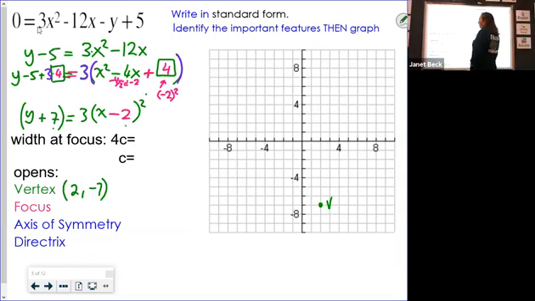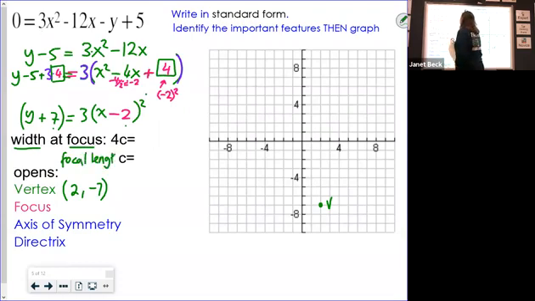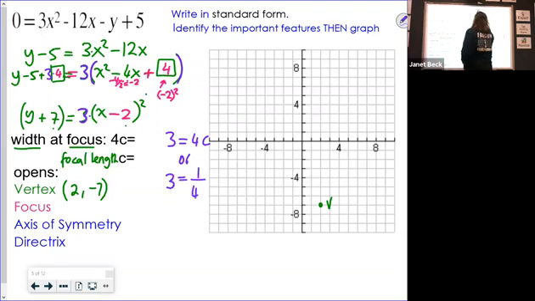Now, to actually graph it, I need to know which way it opens, and I need to know what my focal width is. Once I've got the width at the focus, that's the latus rectum, focal width, then I'll be able to find the focal length, which is c. So what have we been given here? Here's my coefficient, but is my coefficient equal to 4c, or is it equal to 1 over 4c?